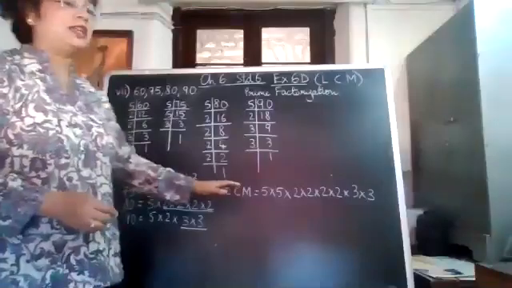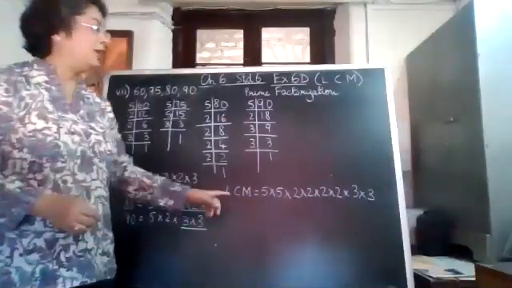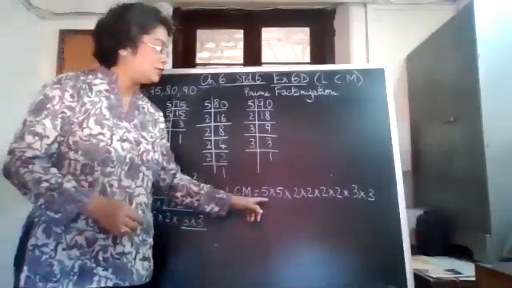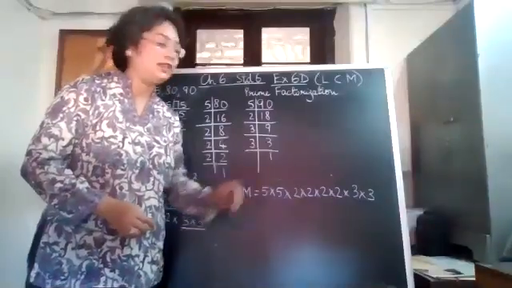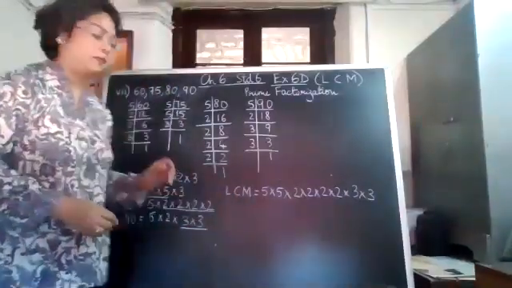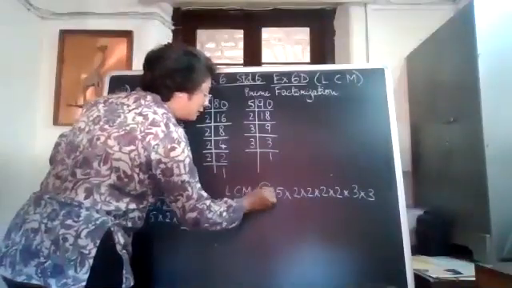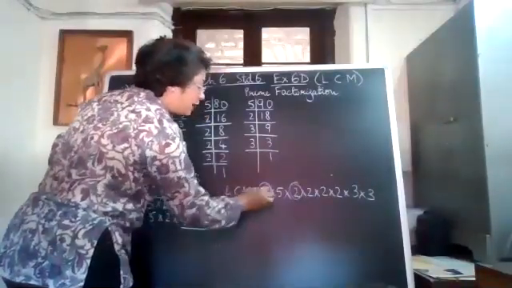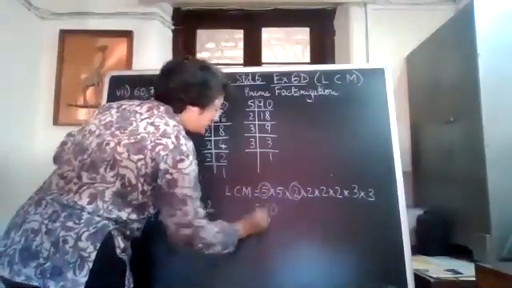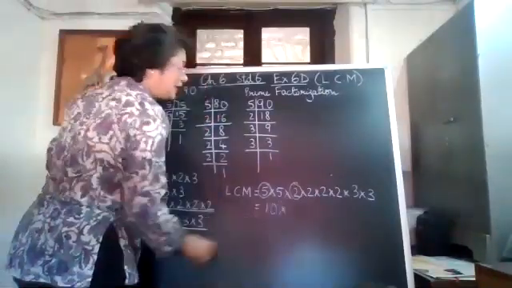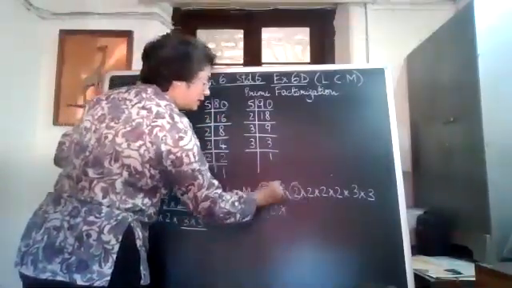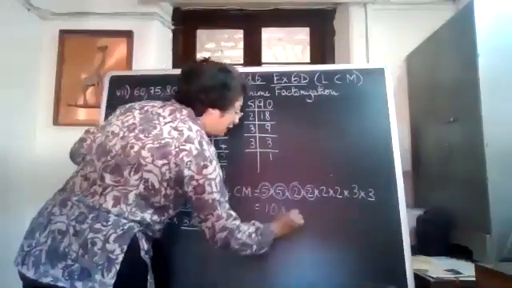Now I'm telling you a trick over here. The trick is, instead of multiplying like this in series, you try and make groups of 10. You have 1 5 here and 1 2 here. 5 2s are 10. Put the multiply sign. Again 5 and 2 is here. 5 2s are 10.